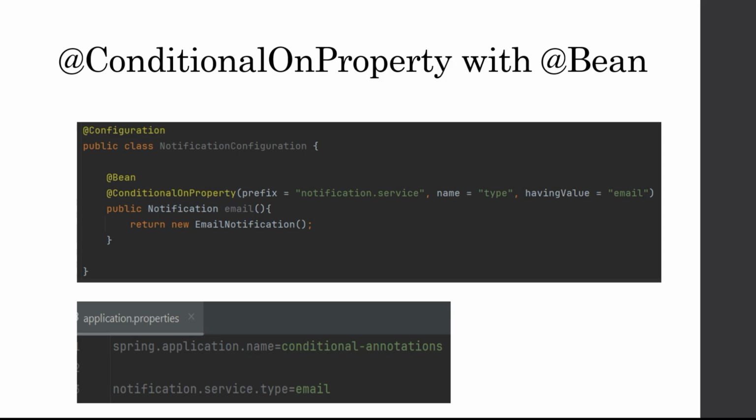If the value of this property matches the value of the havingValue attribute, then the bean for email notification would be created. If the value in the havingValue attribute does not match the property value in the application.properties file, in that case the bean for email notification would not be created.